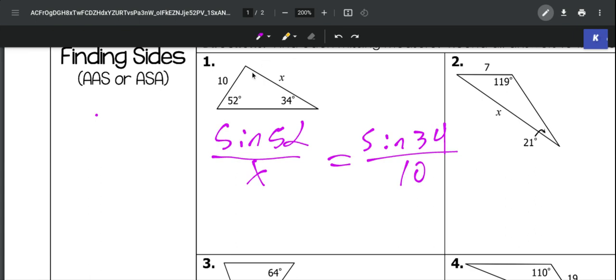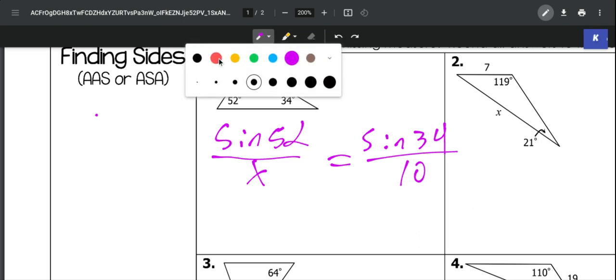We'll look at an example of that. But if you set it up like this every single time, it's going to work. If you don't have an opposite side, that's an indicator that you need to find another angle. So this can work pretty much all the time.